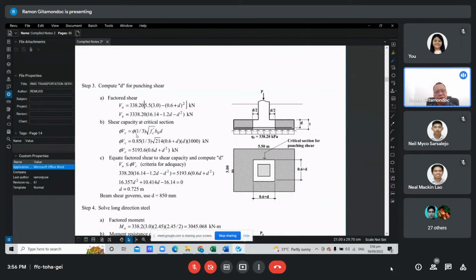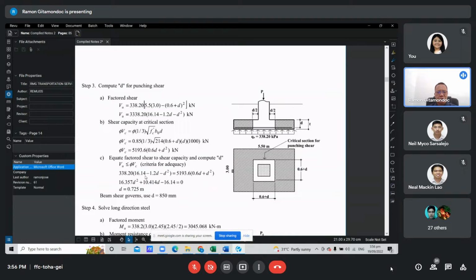So for shear capacity, we have V = 1/3 square root f'c bod, where bo is the perimeter of the critical section, no? So this is a square, so the perimeter is 4 times the length of a side. We have it here, no? So we have the factored shear in terms of d, then the shear capacity in terms of d. We equate the factored shear to the shear capacity, that is the criterion for adequacy.